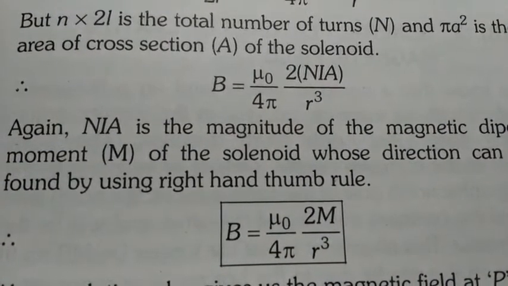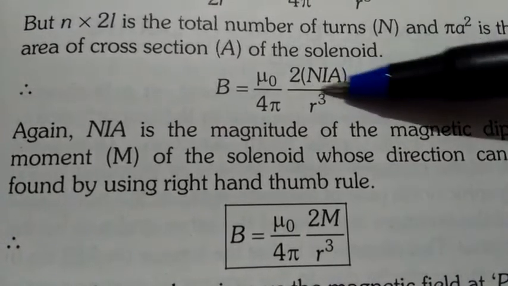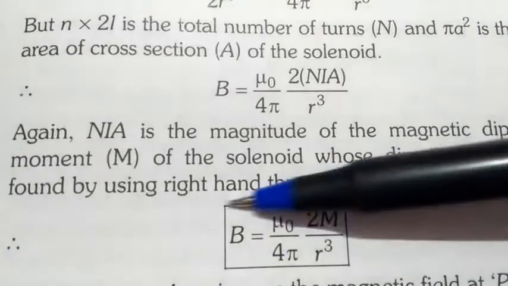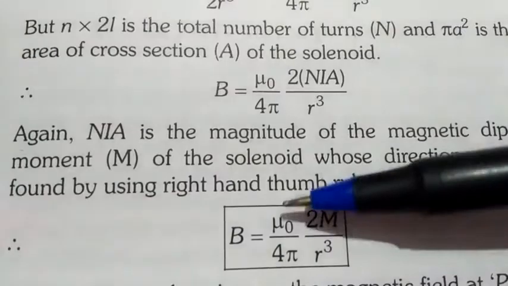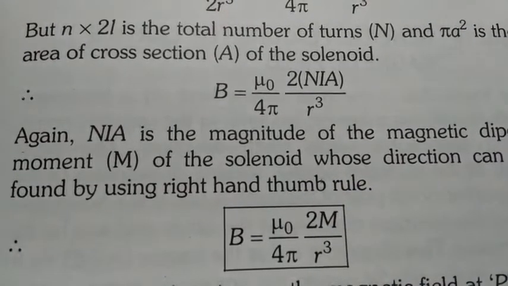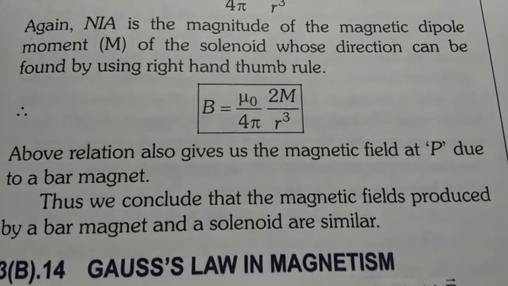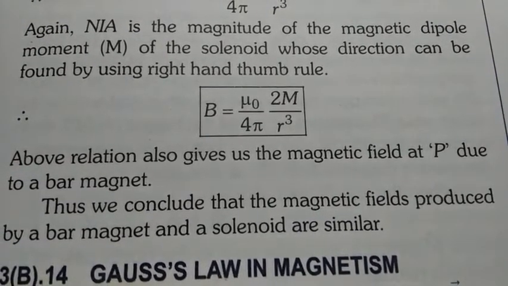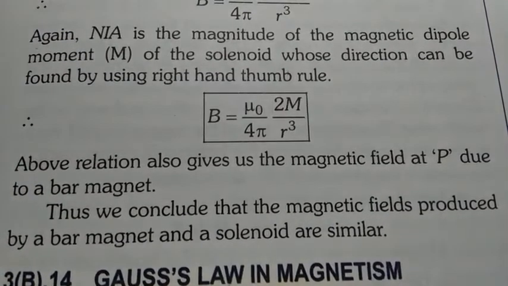NIA is the magnetic dipole moment, so in place of NIA we can put M. We get the formula for the magnetic field due to a solenoid at a far off point as mu naught upon 4 pi into 2M upon r cubed. The above relation also gives the magnetic field at P due to a bar magnet. Thus we conclude that the magnetic fields produced by a bar magnet and a solenoid are similar.